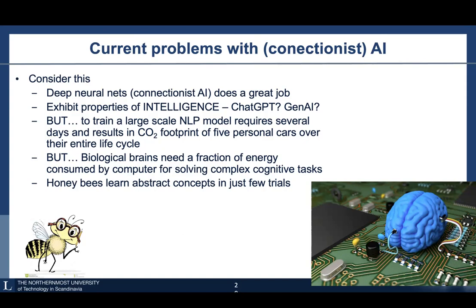Also, the size of such models. You know that modern AI or deep learning models are very computationally heavy. At the same time, biological brains do a fantastic job consuming orders of magnitude less energy. You probably read that honeybees exhibit intelligent behavior in terms of understanding abstract concepts like above, below, to the left, to the right, smaller, larger.